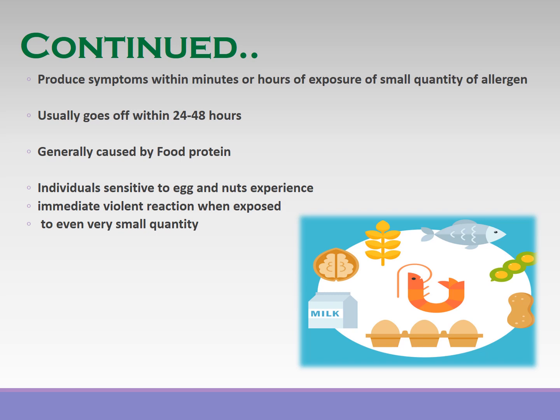The symptoms of the allergic reaction usually disappear within 1 or 2 days at the max. It is generally caused by proteins present in the food. Individuals who are sensitive to egg and nuts experience an immediate violent reaction whenever they are exposed to even a very small quantity of the food which is allergic to them.